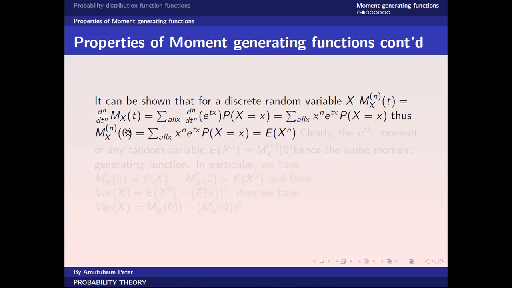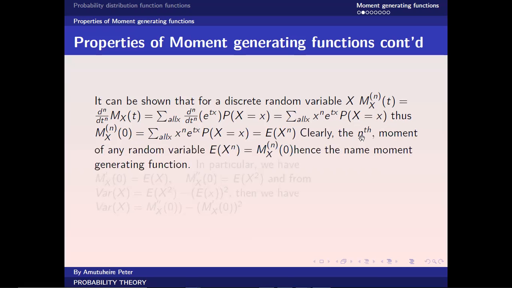When we evaluate the nth derivative of m at 0, it is the same as substituting a 0 here, so this term disappears, and we get the sum of x^n p(x). That is E[x^n], which is called the nth moment of any random variable. Hence the name moment generating function.